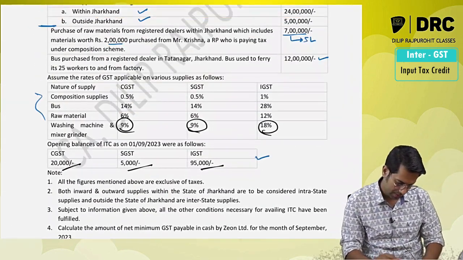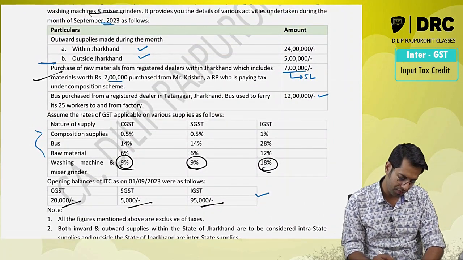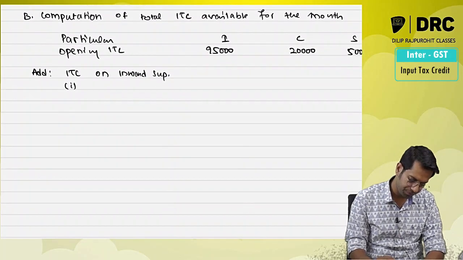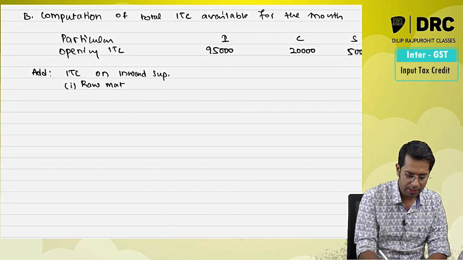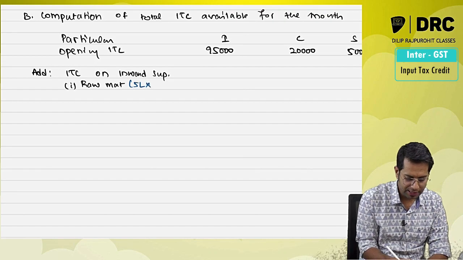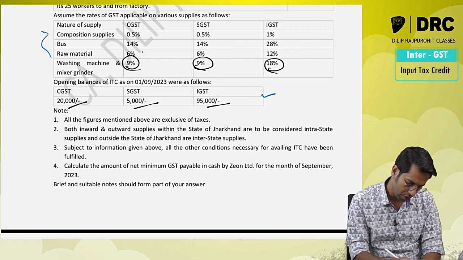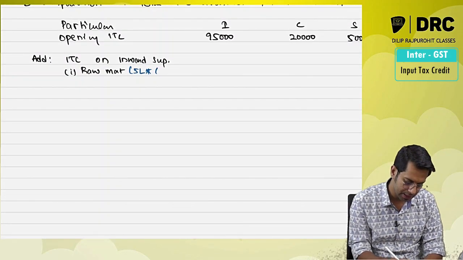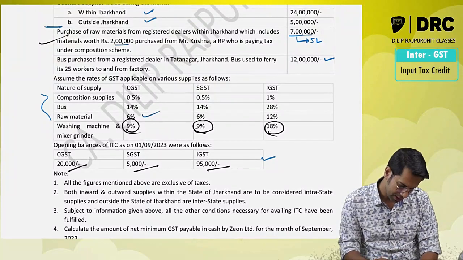Point number 1, I have made a purchase of raw material. So raw material 5 lakhs into GST rate on raw material is 6%. So we'll see whether it is the same state.